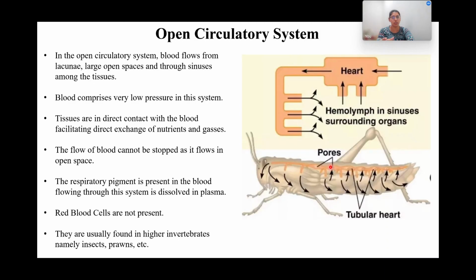So moving on, there are different kinds of circulatory systems in different organisms. The first kind is the open circulatory system. In this kind of circulatory system, you have blood which flows through lacunae, basically large open spaces, and through sinuses among the tissues. There are no proper vessels through which the blood will be transported.